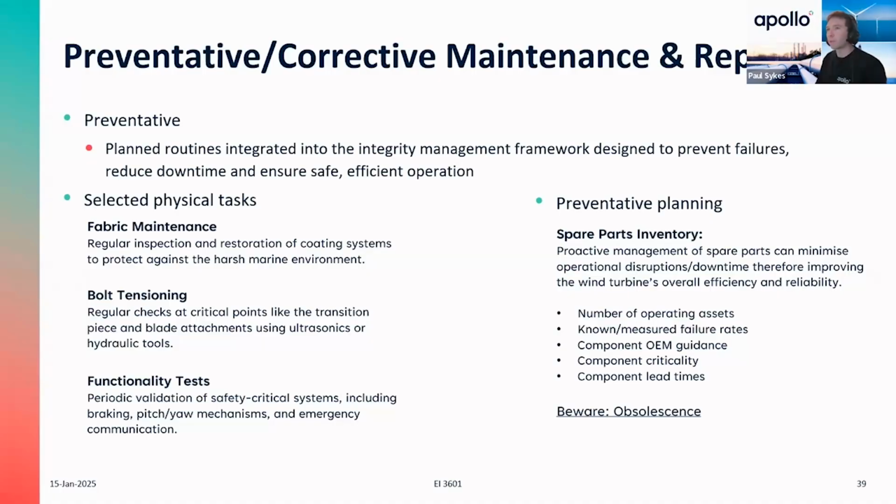There are some fairly typical examples shown on the slide here. I won't go through them now, but what I will highlight is that the guideline also has a strong emphasis on preventative planning. Spare part strategy is a good example, considering your fleet size, failure rates, component criticality, and lead times, and obsolescence is also flagged as a real risk. So next slide, please.